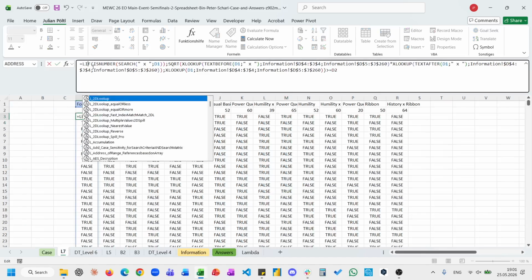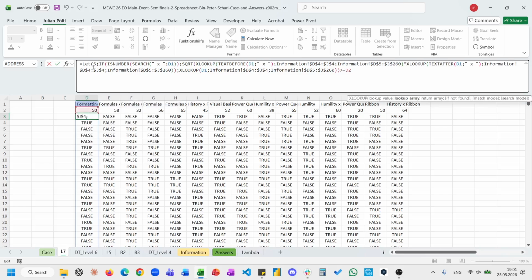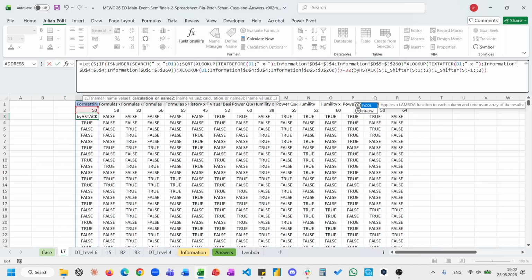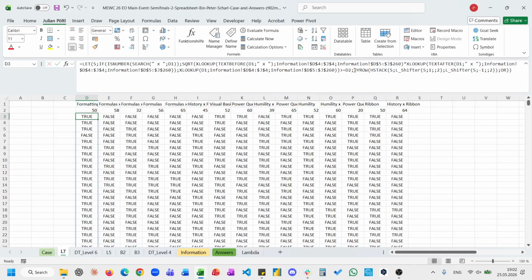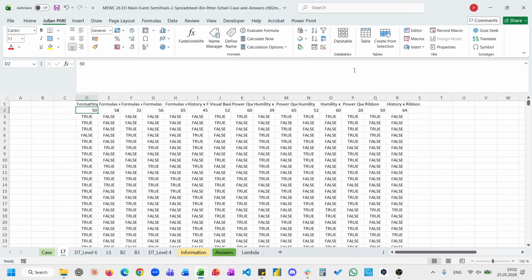So save this as LET s, and then have an HSTACK of s, shifter s ROW shifts 1 and shifter s ROW shift -1 and WRAPROWS not FILL. I think this was what Lambda Dim did in his course, building stuff kind of thing, and then an OR BY OR should work. Okay, that's a lot.